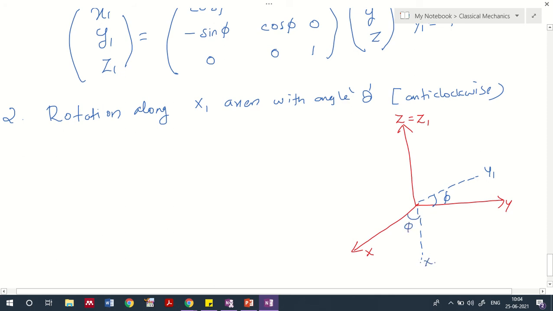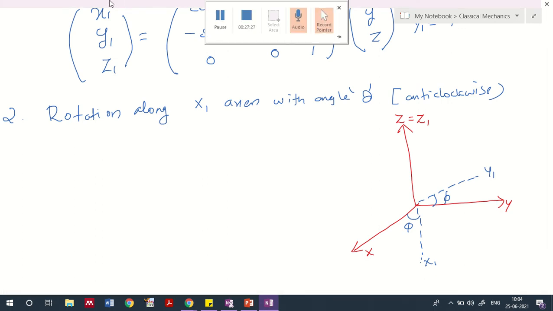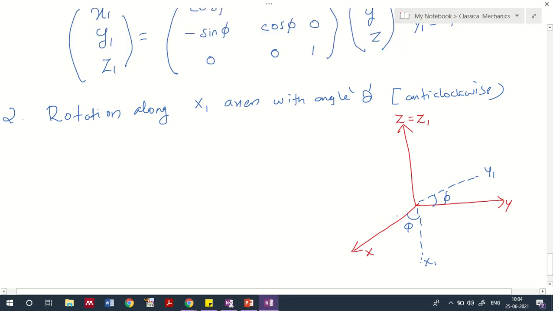This is our x1. Now we again transform this by an angle theta, and the corresponding change we can notate like this, a change corresponding to the y axis by an angle theta. Now our y1 becomes y2 over here, and its rotation is along the x1 axis, so x1 will be equal to x2. There is no change corresponding to x1.